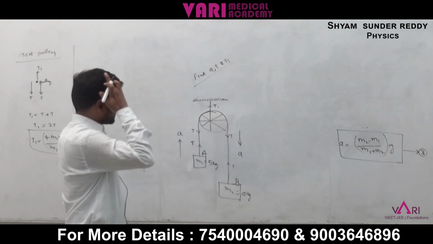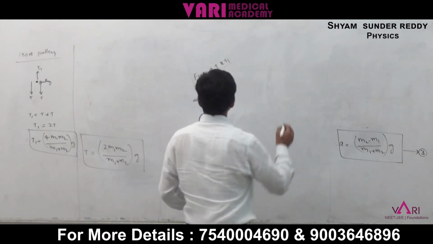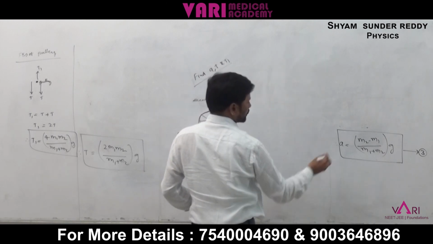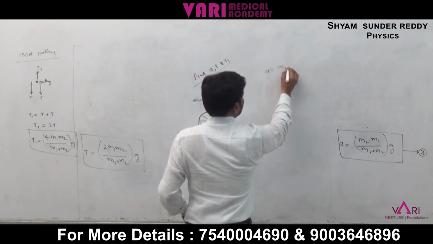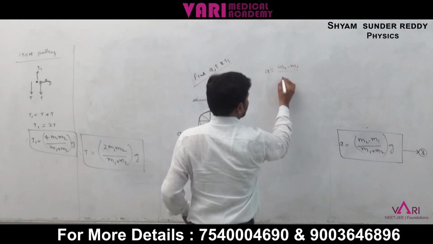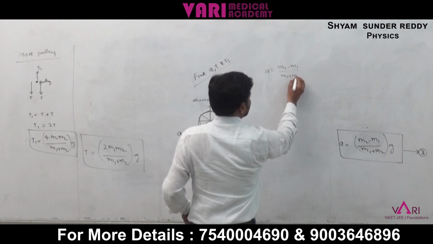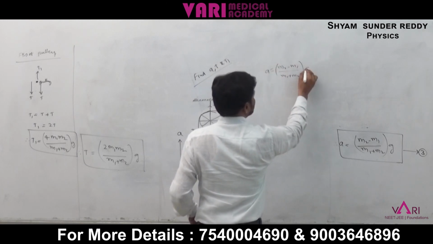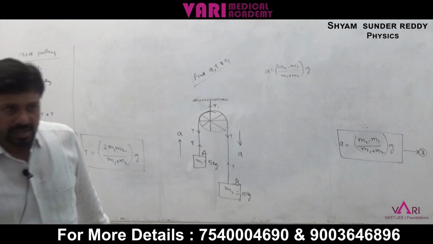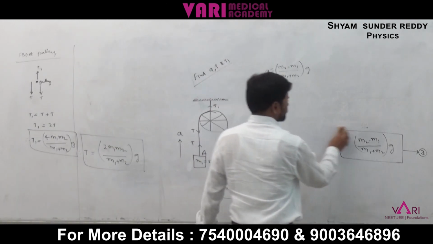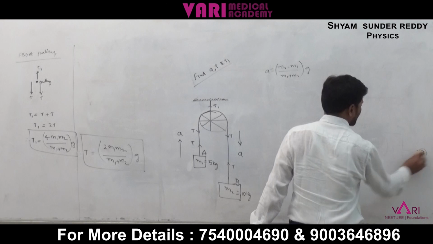A big problem, but we did it very quickly. We have a direct formula: a is equal to m2 minus m1 by m1 plus m2 into g. Just substitute the values, then you will get the result.